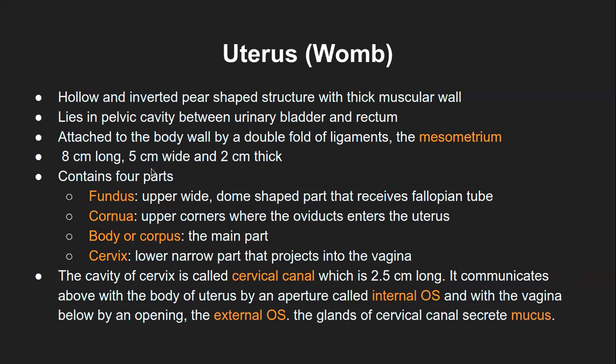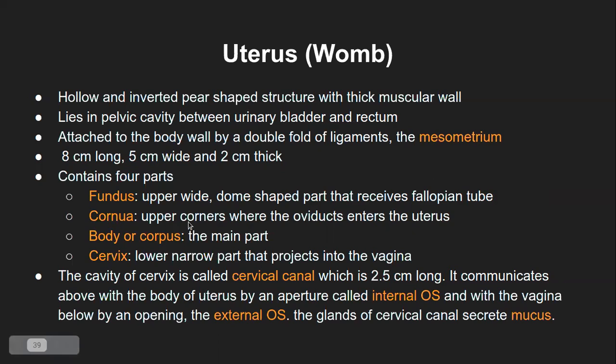It contains four parts. The upper wide part; here comes the triangular shape that will be helpful in the explanation. The upper part of the triangle is known as the fundus. That is the upper wide dome-shaped part that receives the fallopian tubes, so on each side the fallopian tubes are received by the fundus.